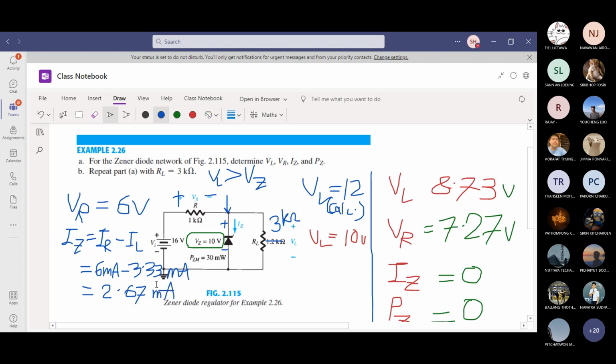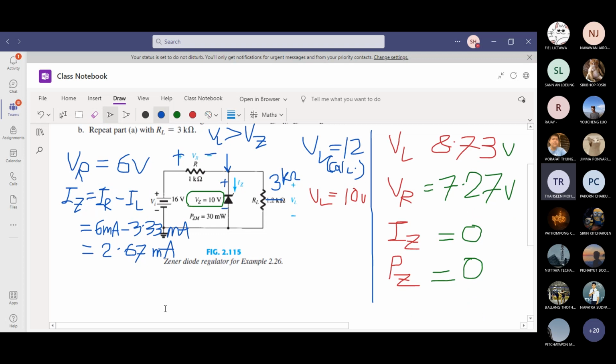The last question for this, Tasin, you are the next person. What is the power consumption PZ when the Zener is on? What power is being dissipated by the Zener now that it's turned on?